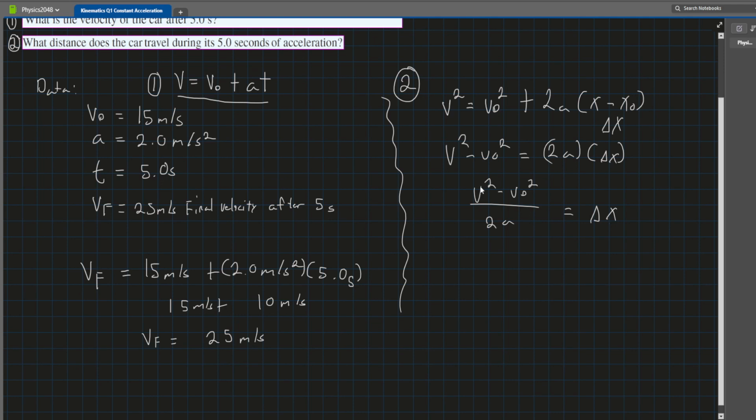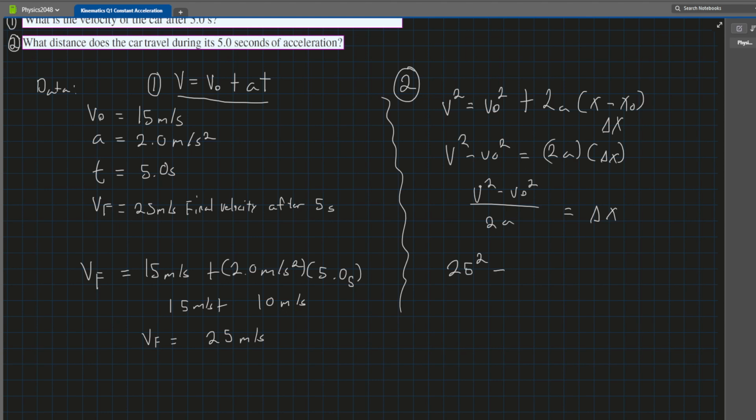Now we have the final velocity here, so our final velocity is 25 squared minus initial velocity, which is 15 squared, over 2a, which is 2.0 meters per second squared.